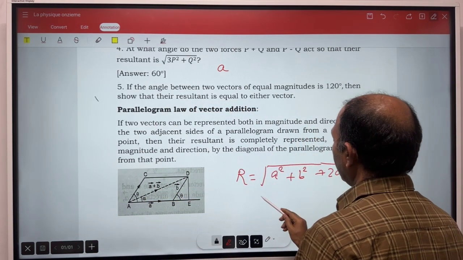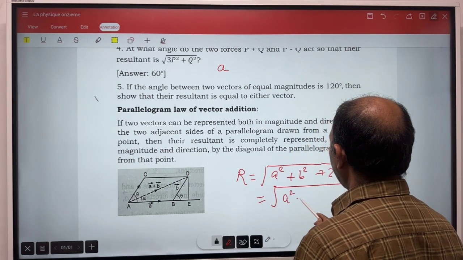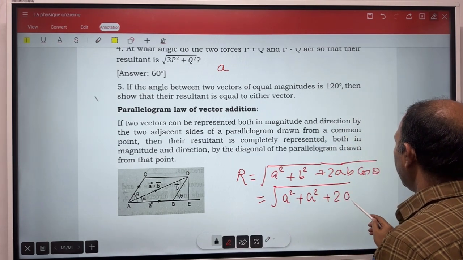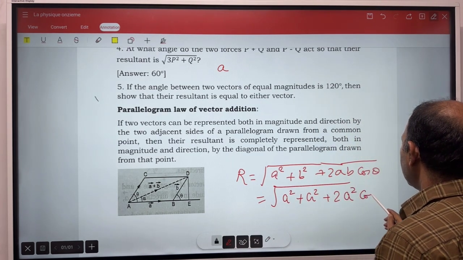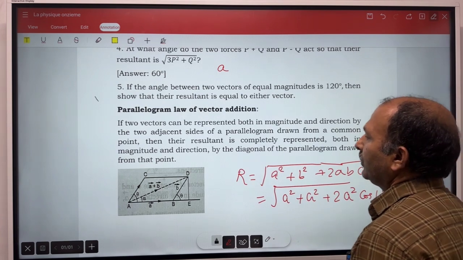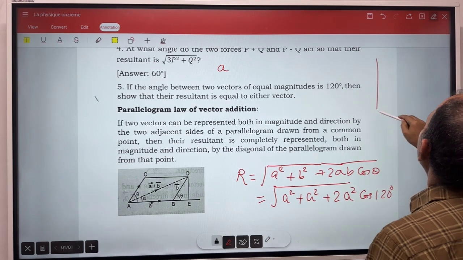This is the formula. Now let's put the values. So root of A square plus A square plus twice of A into A, which is A square, into cos of 120 degrees. If you remember, I told you how to get cos 120 degrees.